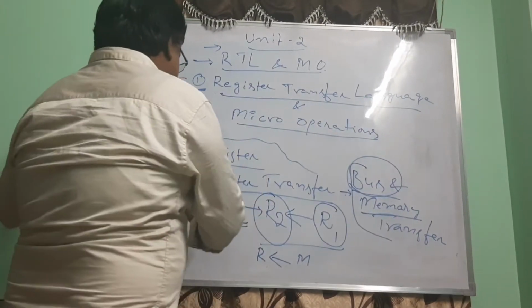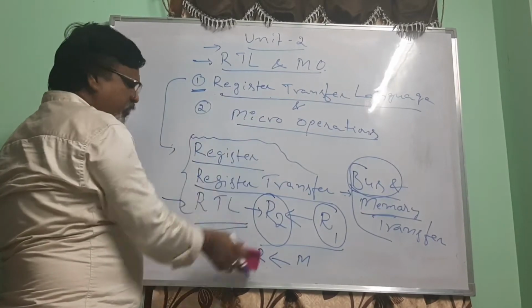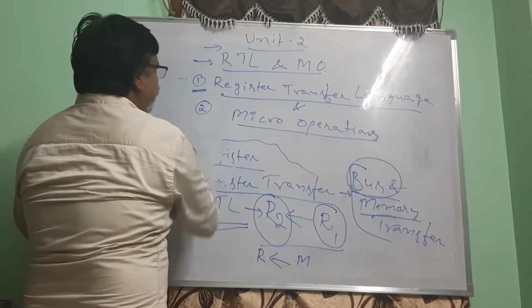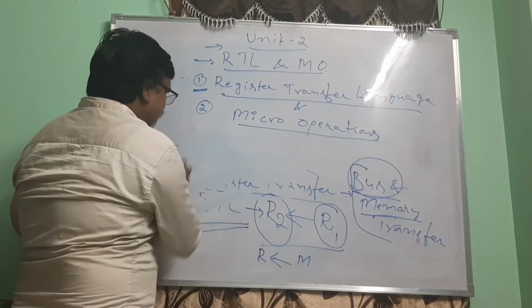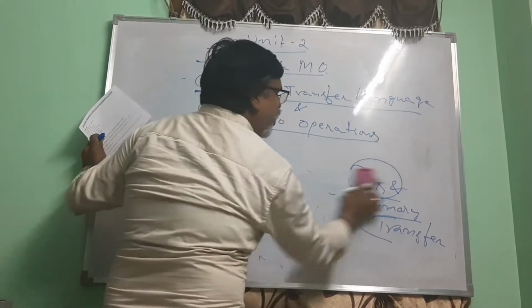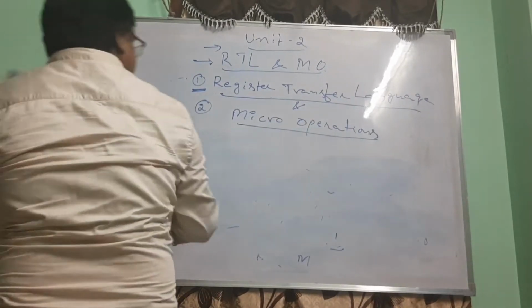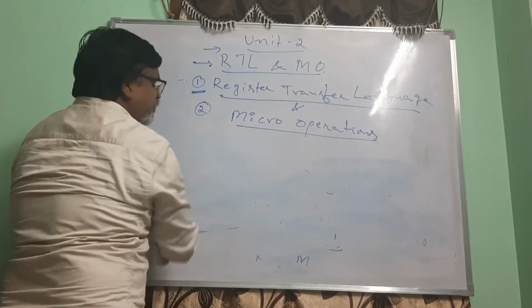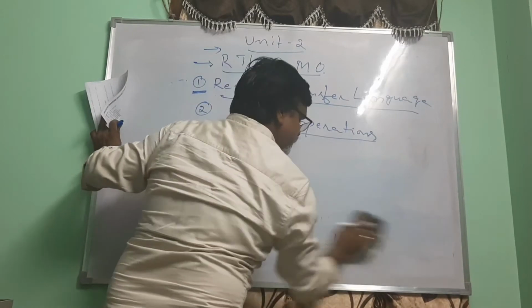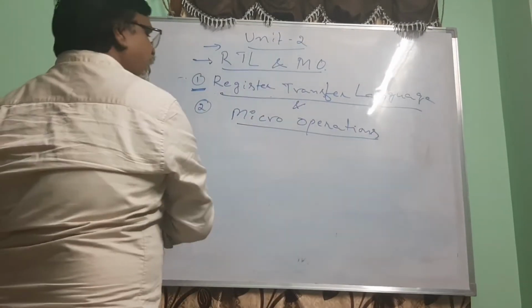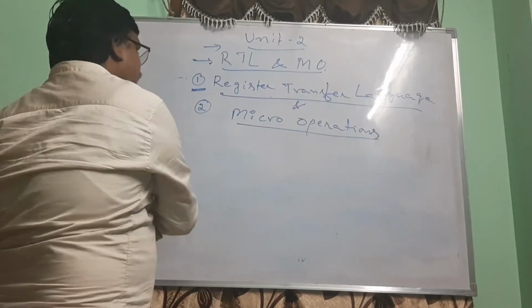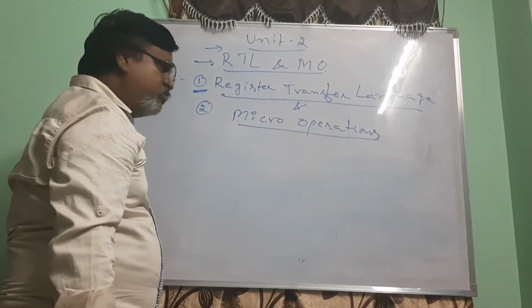Today I am giving just a briefing about this. When you come to the second part, that is micro operations, what are the different types of micro operations we have?